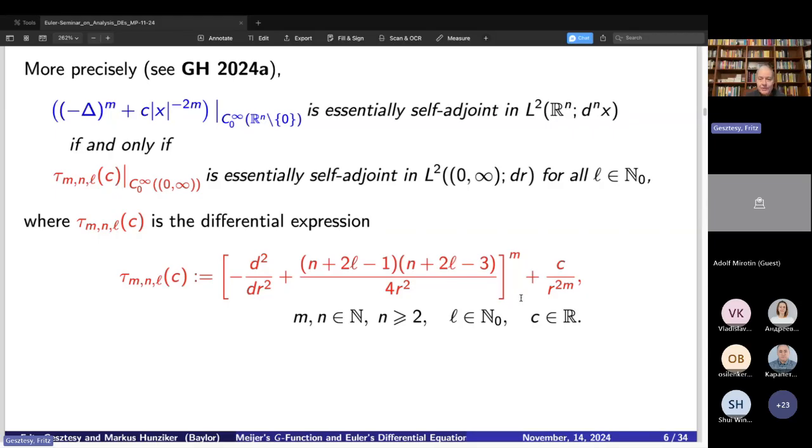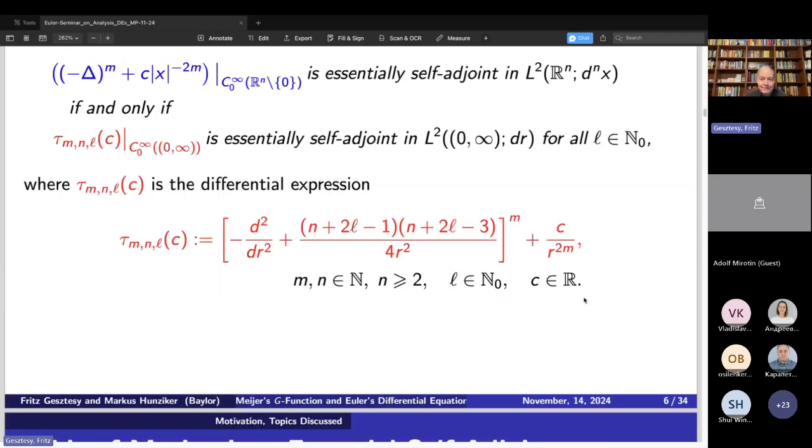So r is from 0 to infinity. So you originally start with L2 Rn dnx, but you end up with L2 on the half line with respect to Lebesgue measure dr. And the differential expressions are of this form.